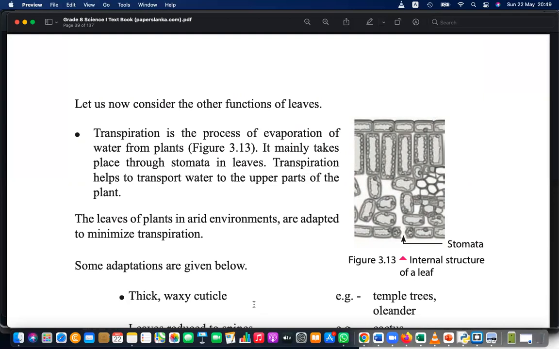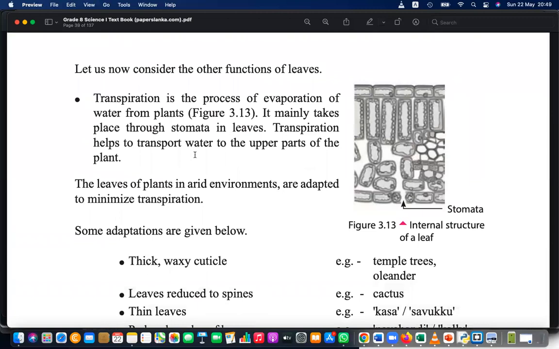Right. So here, transpiration is a process of evaporation of water from plants. So what is that? We learned about evaporation. What is evaporation? I think we learned this in grade 6. So what is evaporation? Water.